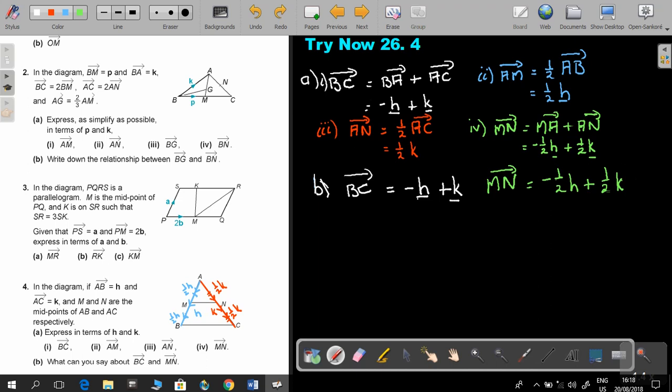Okay, and now what will you see? If you take out a half in this case, you're going to end up with negative H plus K. So I can say that BC, okay, it's two ways of writing it.